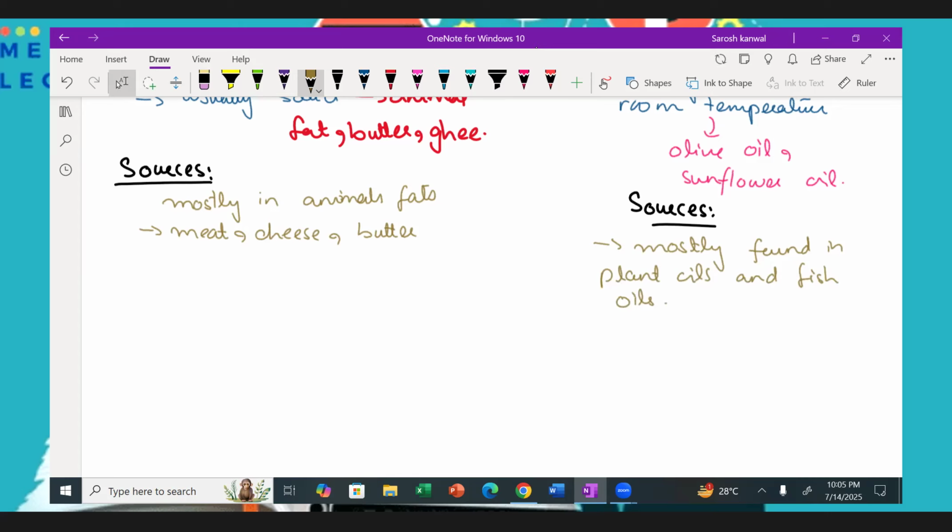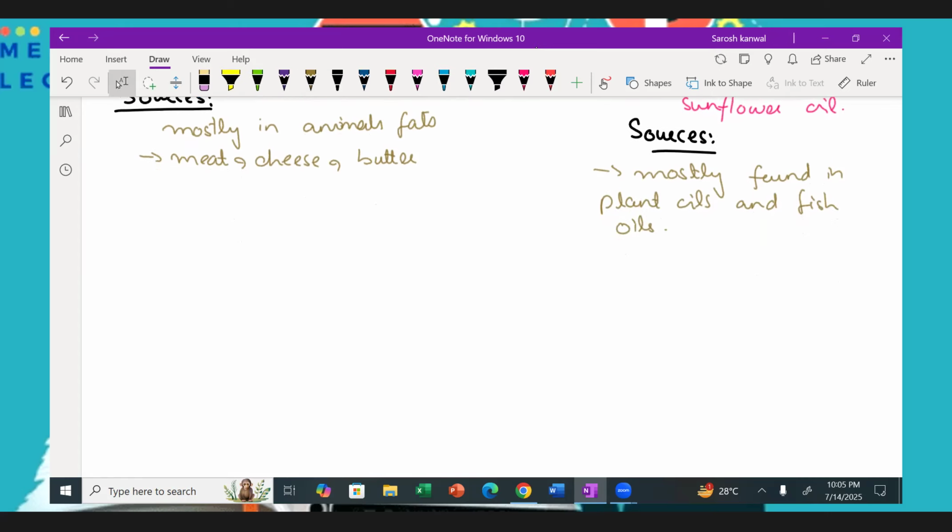Okay. So could any one of you tell me what are the health impacts of saturated and unsaturated fatty acids? If fish oil is a source, then can it be a source of vitamin C for the human body?